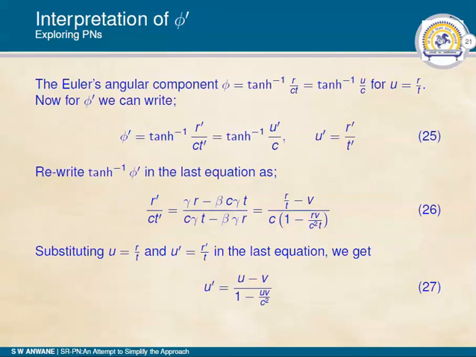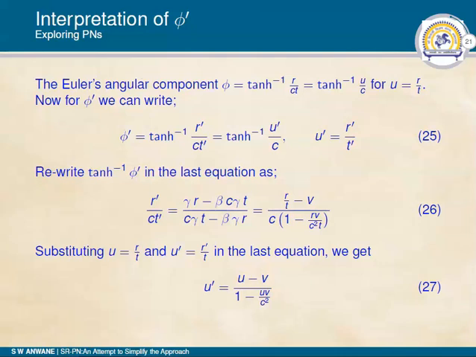Now the Euler angle phi is tanh inverse of r upon ct, which is equal to tanh inverse of u upon c, where you can denote r by t as u. Similarly, phi dash is tanh inverse of r dash upon ct dash equal to tanh inverse of u dash upon c. So here u dash is r dash upon t dash.